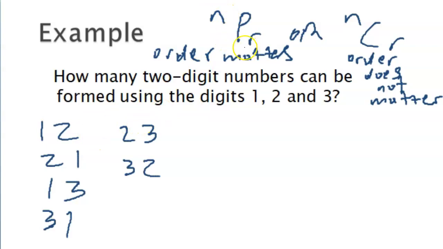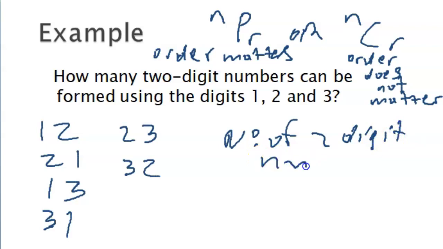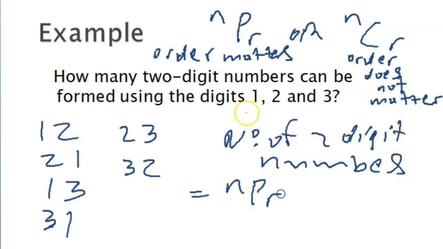But if we are to use the formula, the number of 2-digit numbers would be nPr, since the order is important. The order in which we select these 2 elements is important. And notice we have an option of 3 elements, so it's 3P2.